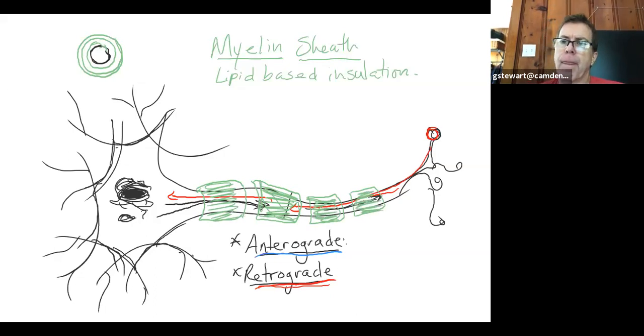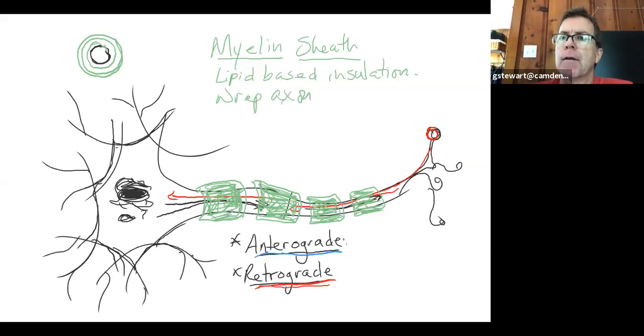So this myelin sheath is along the axon, what your book calls nerve fibers. They use that sort of interchangeably with axons. So I'm going to write wrap axons. Axons do not necessarily have to have myelin.